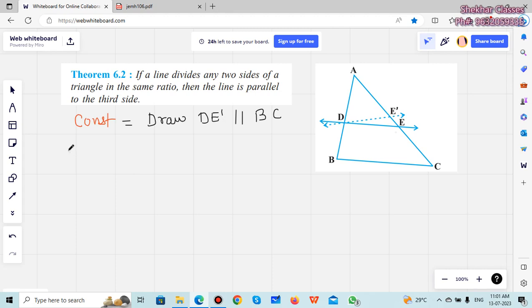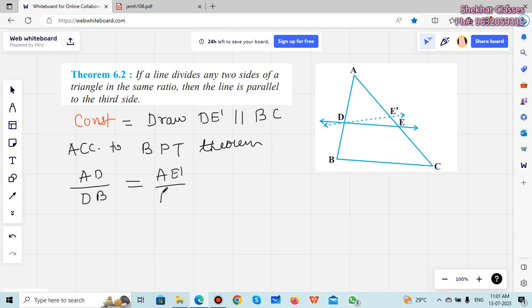So according to BPT theorem, what do we have? AD upon DB should be equal to AE dash upon E dash C.